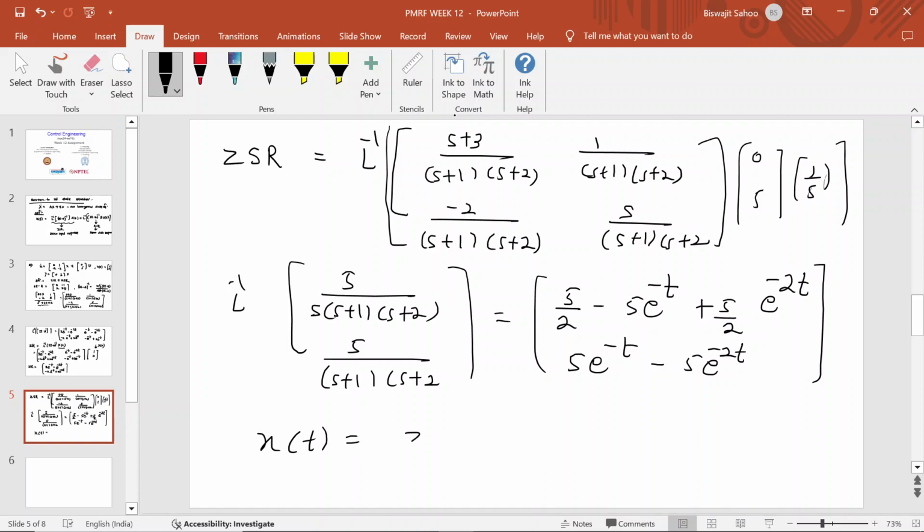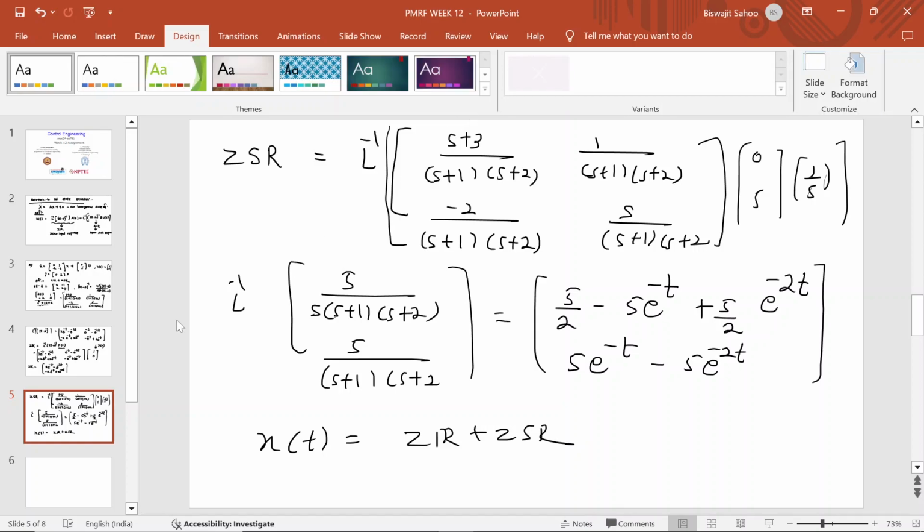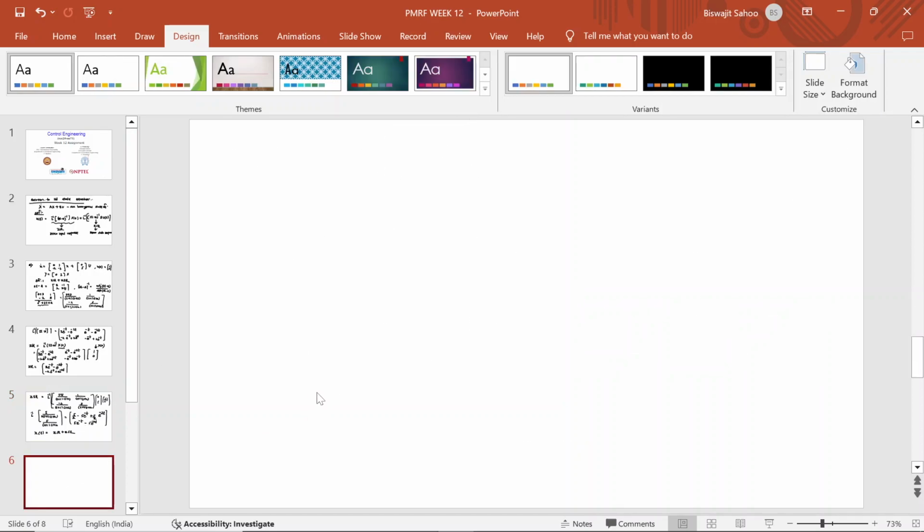The total response is what? x of t, I told you, is nothing but ZIR plus ZSR, zero input response plus zero state response. If you add these two matrices, then the new matrix will be x of t equal to 5. What is that matrix?